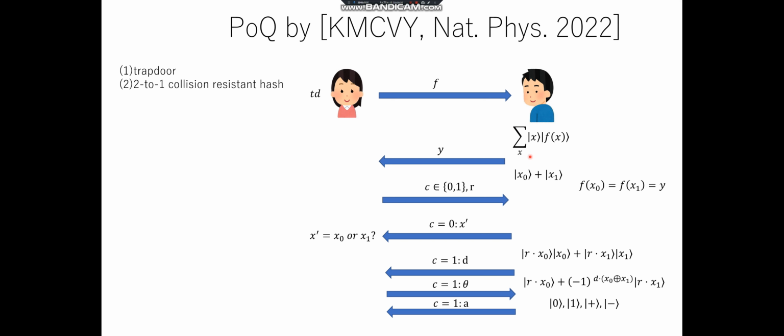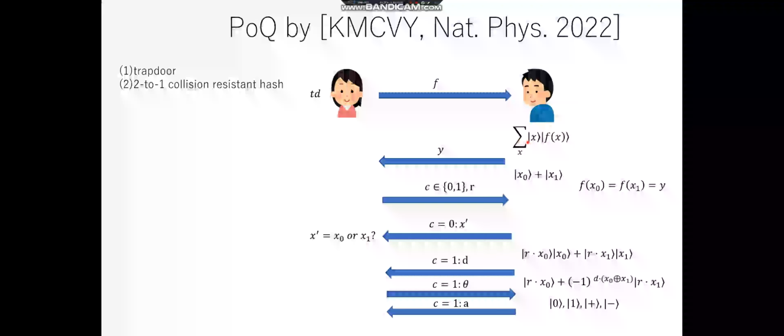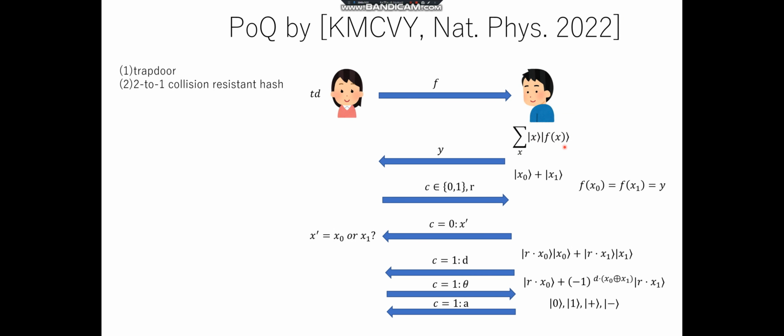The prover generates this quantum state and measures the second register in the computational basis. The state after the measurement is this state, where x0 and x1 are two preimages of this f. The prover sends the measurement result y to the verifier.